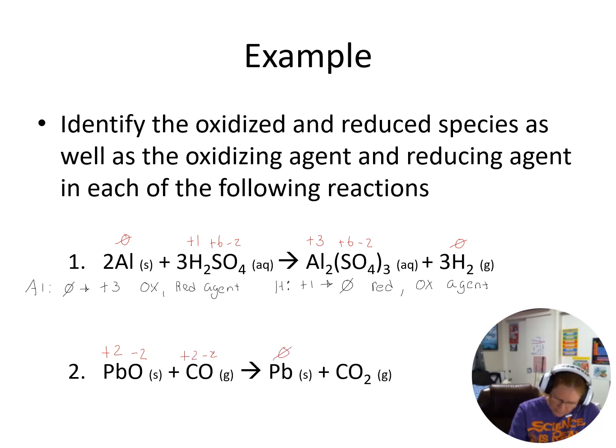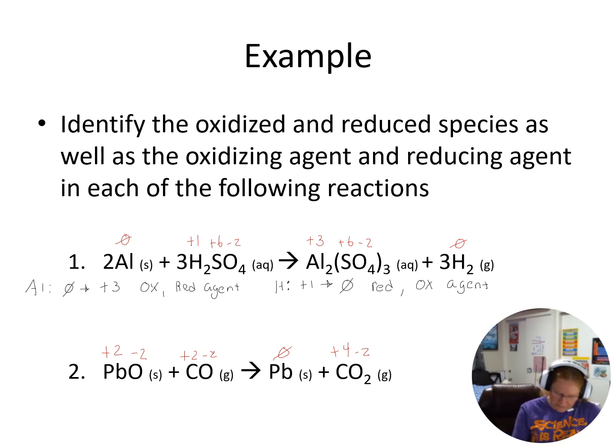Lead's a 0, and then in carbon dioxide, we still have that -2, and there's 2 of them, which means the carbon's a +4. All right, so in this situation, lead changed oxidation numbers, carbon changed oxidation numbers, but oxygen did not. So oxygen didn't undergo any redox processes, but lead and carbon did.